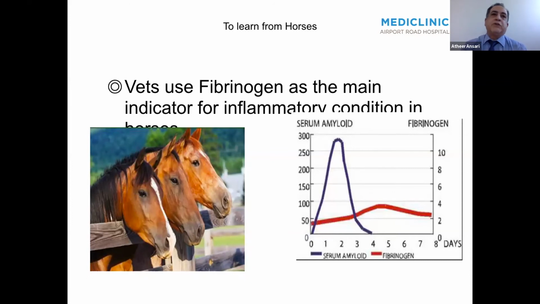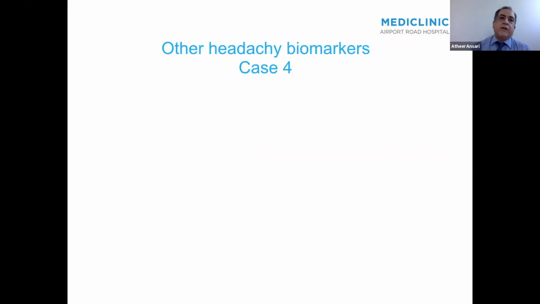This is compared to amyloid, they also tested, but also compared to CRP. The CRP, like amyloid, goes up and down very quickly, but the fibrinogen would have some cumulative factor to show the status of the person in the last few weeks. And that's why I think it has an importance in my practice, and I'll show you that.